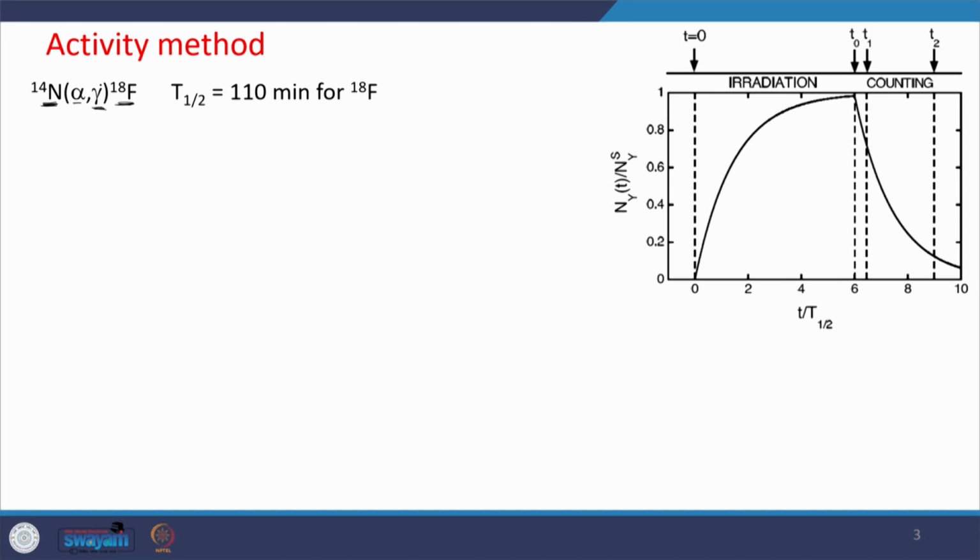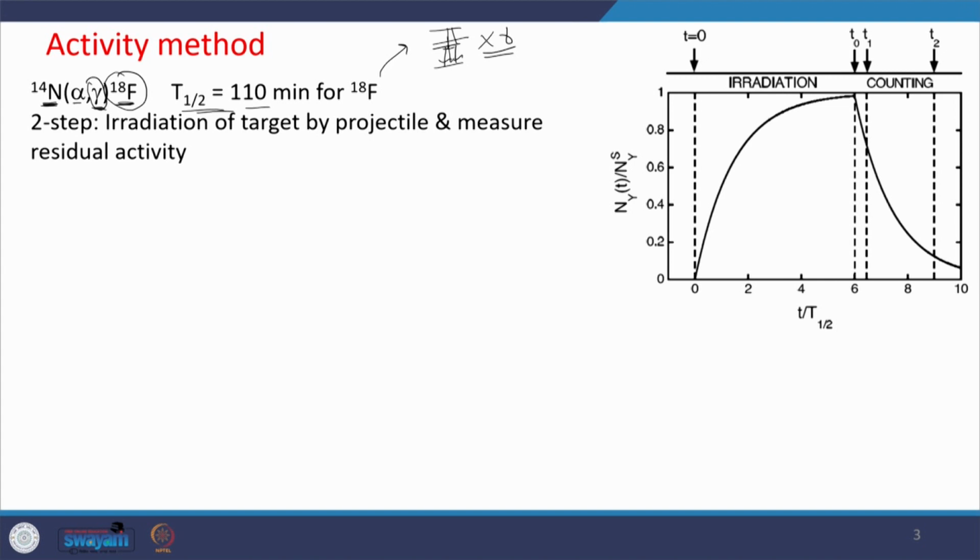We are not measuring these gamma rays, from excited state to ground state, whatever number of gamma rays are emitted. In fact, this fluorine 18 is unstable and it decays via positron with a half life of 110 minutes.